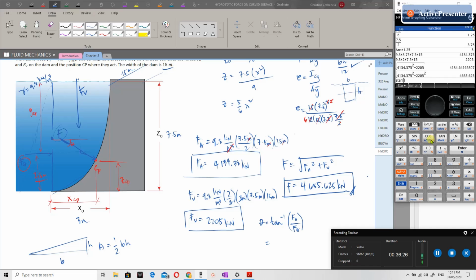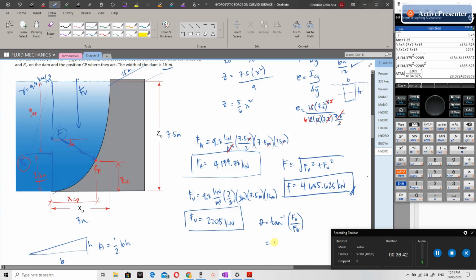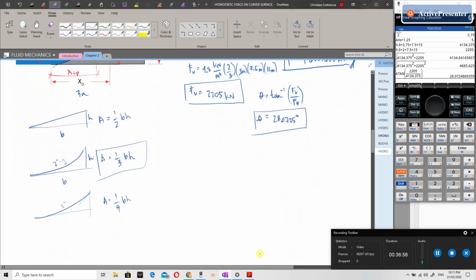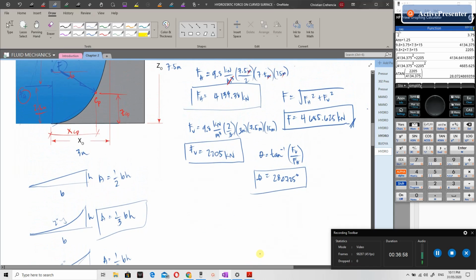Opposite is FV, 2205. So, ito yun, divided by FH. Okay. So, we have 28.0725 degrees. So, ito yung ating angle theta. Okay. So, what's next?